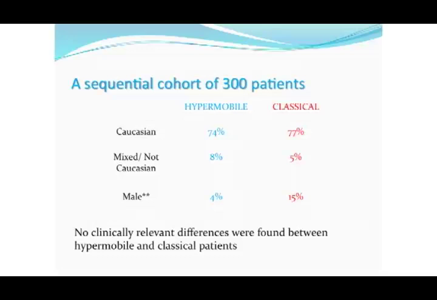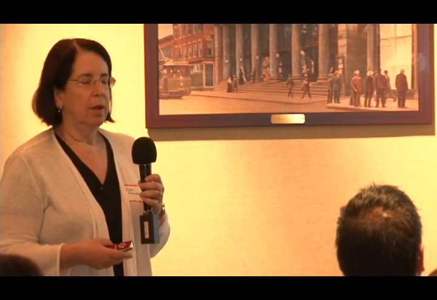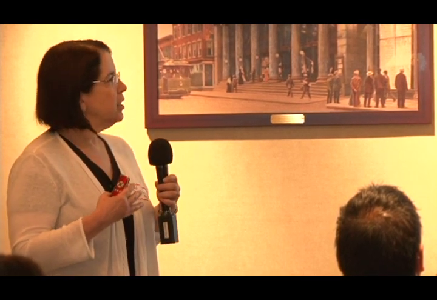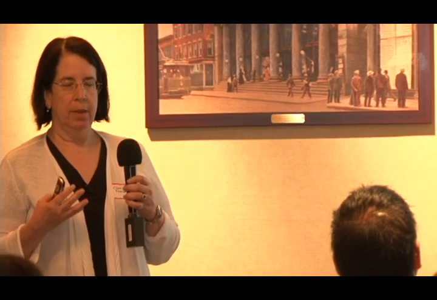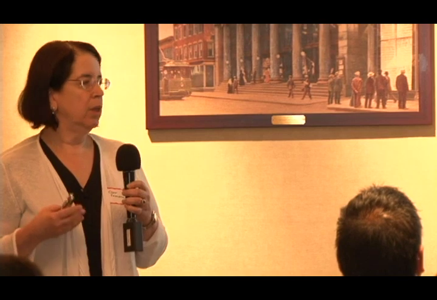We believe that one of the reasons that so few males come to our attention is the difference in the hormonal milieu and the difference in the ability to build muscle, and that stabilization of the joints by muscle in men is protective against at least the joint hypermobility syndrome symptoms and the musculoskeletal pain that is an immediate sequela of the joint hypermobility.